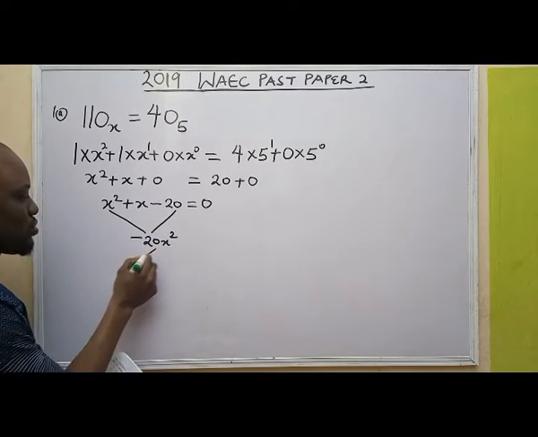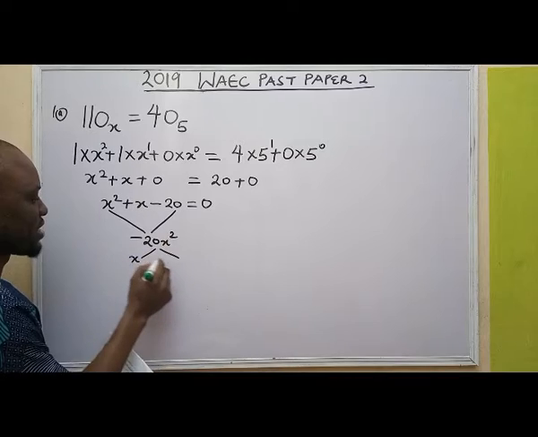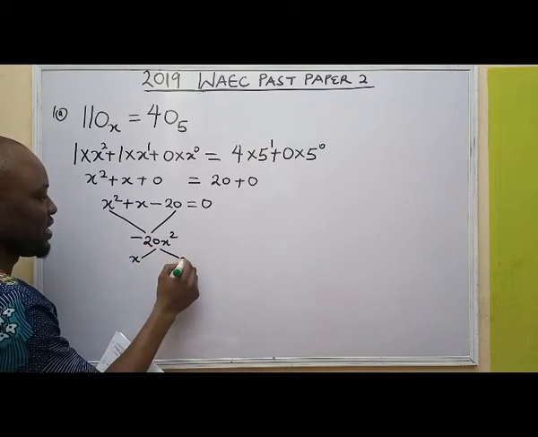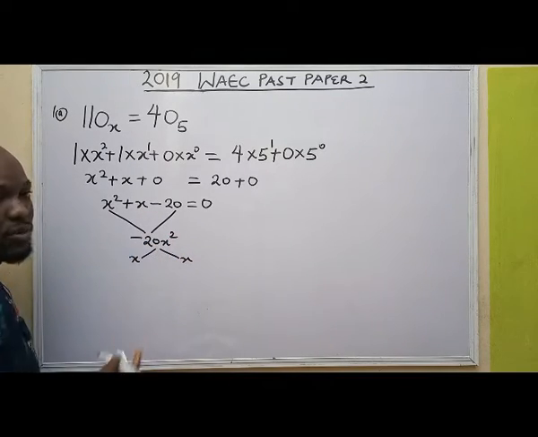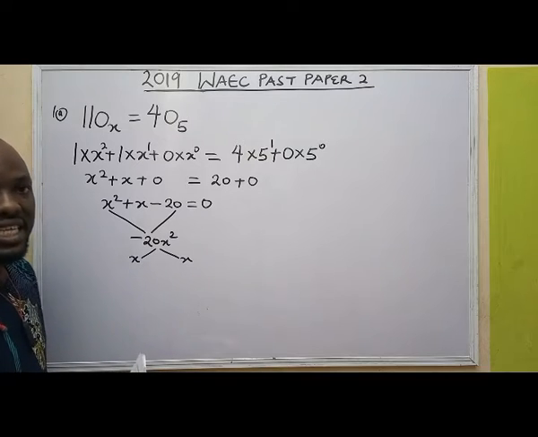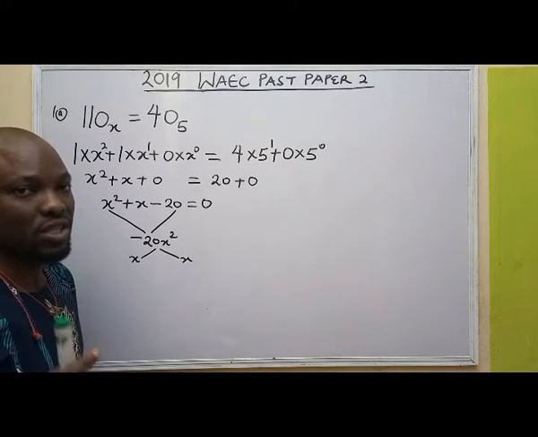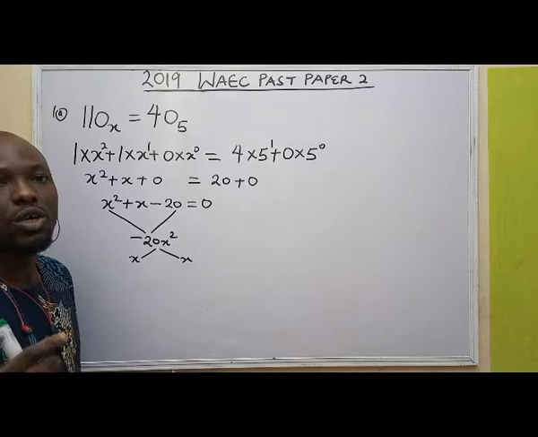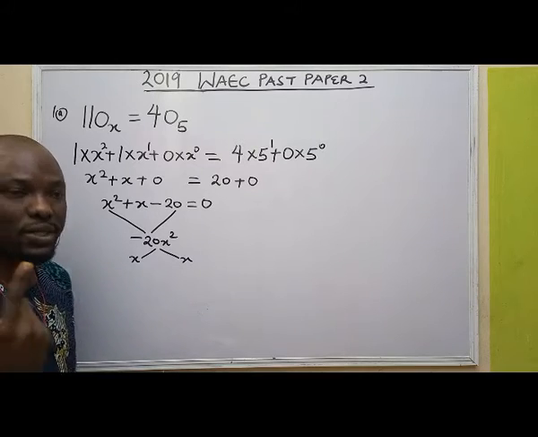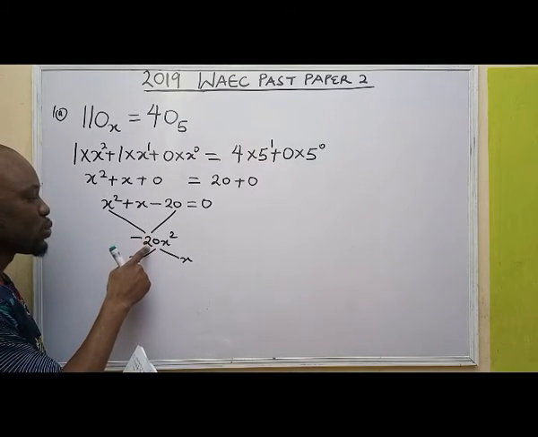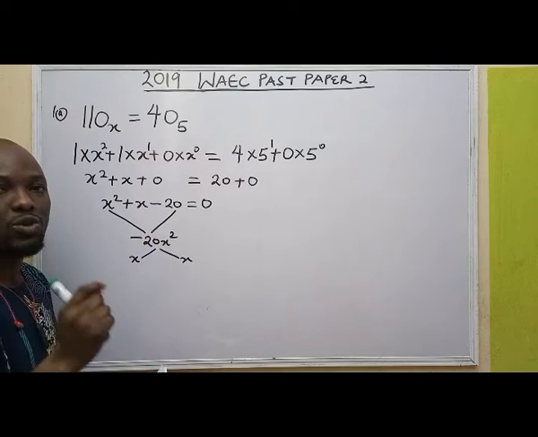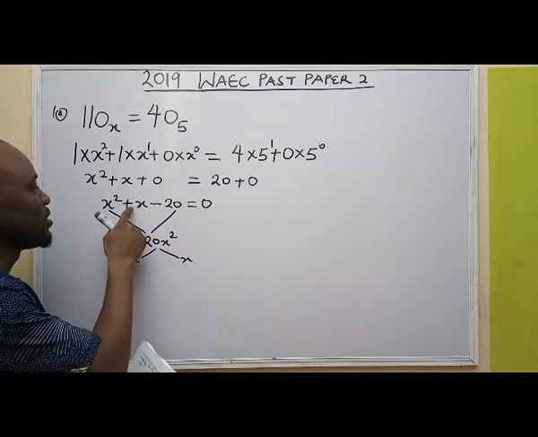The next thing is to break the x into x and x here, because x times x will give me x squared. So now after that, I'm going to look for two factors such that when I multiply those factors, it will give me minus 20. If I add or subtract the same factors, it will give me plus 1.